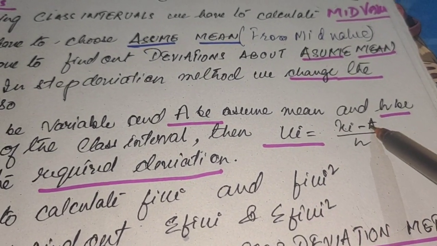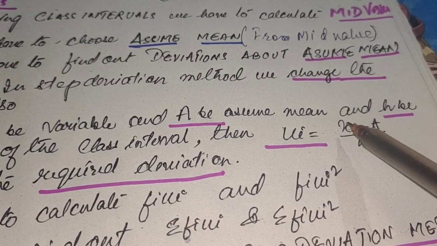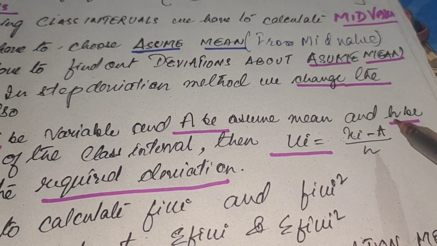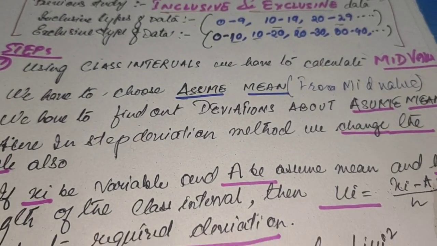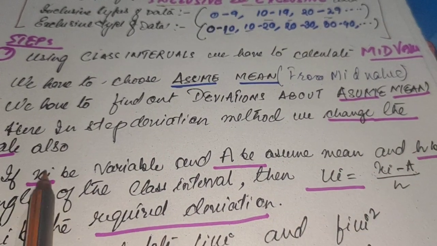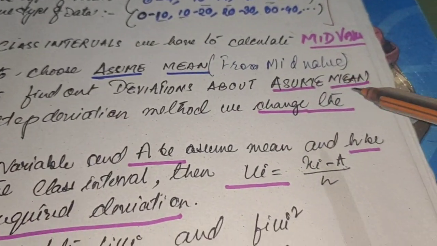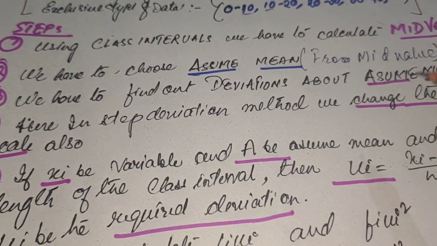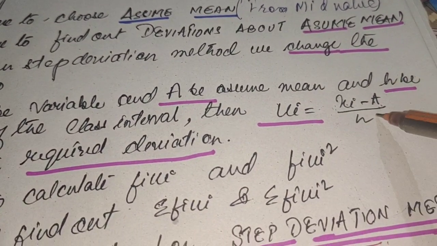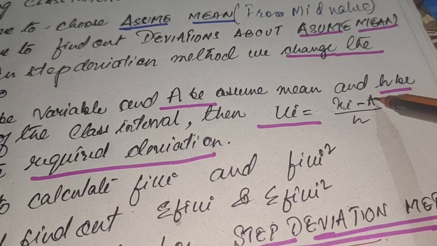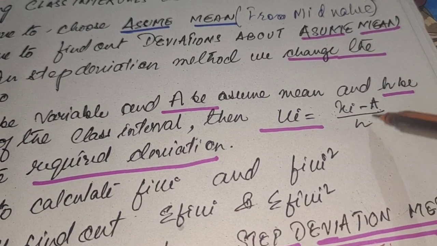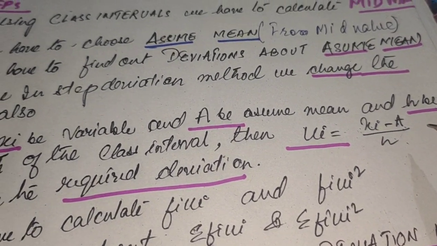Then in place of xi minus x bar, we do xi minus a, where a is the assumed mean. Then in the step deviation method we also change the scale. How do we change the scale? We divide xi minus a by h. h is the length of the class interval.